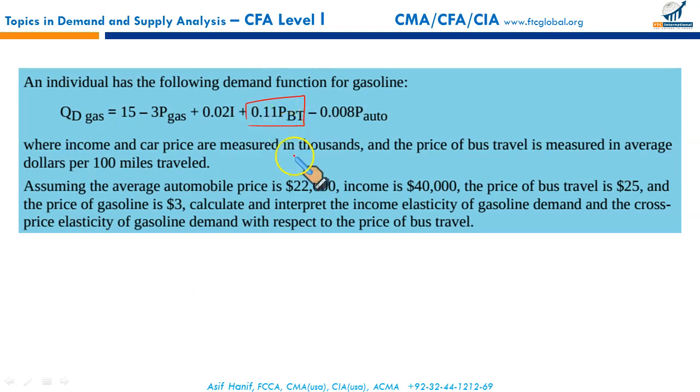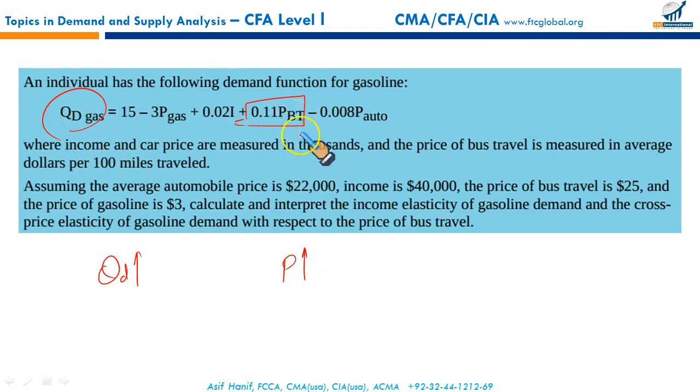Right? Now at the same time, look at this. The price of bus travel. If the price of bus travel goes up, you find bus travel expensive, then you will start purchasing gas for your car, so quantity demanded for gas goes up. So this plus sign means that the price of bus travel is positively linked with the quantity demanded of gas.